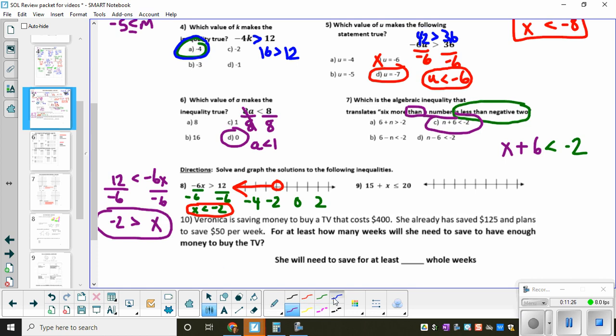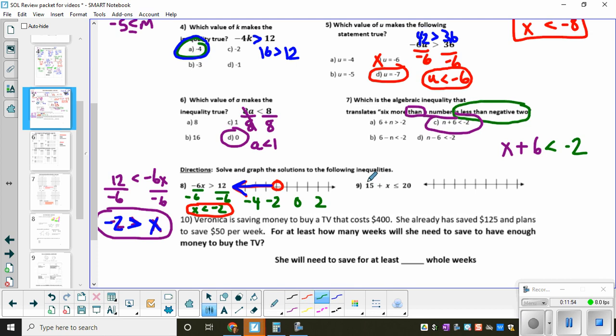Because what happens is a lot of you think that whichever way this thing is pointing, that's which way you shade, and that's not true. You would not shade over here to the right just because that symbol is pointing this way. Here we're saying that negative 2 is bigger than the x, and another way of thinking of that is saying x here would be smaller than the negative 2. So just be really careful that that still holds up, and we're still going to be shading that way, okay?